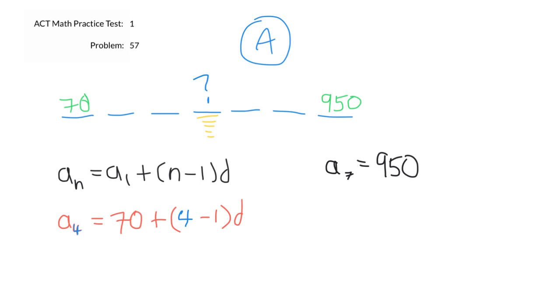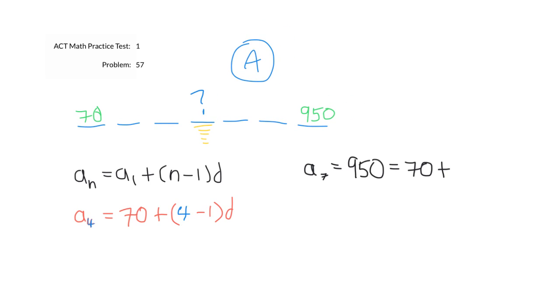We also know that a sub 7 equals a sub 1 plus n minus 1 d, but we already have a sub 1. It's 70 plus n minus 1. So the 7, I'll write in blue down there. It's going to be 7 minus 1 times d.